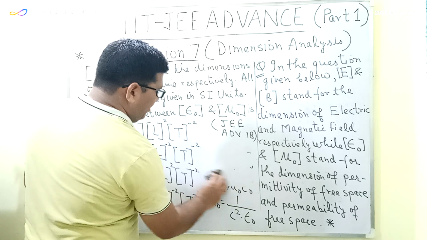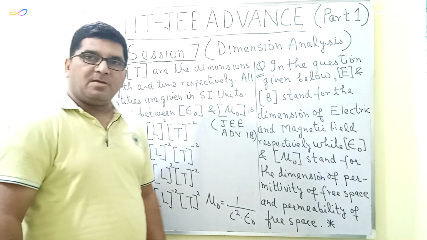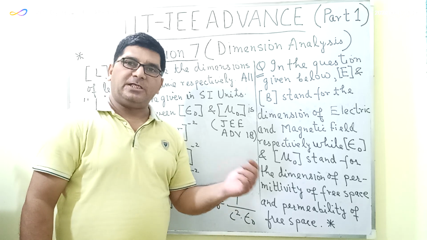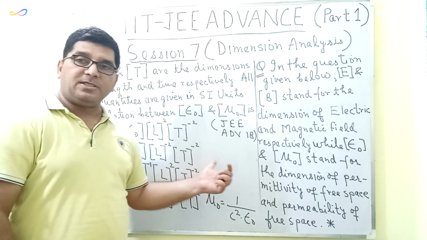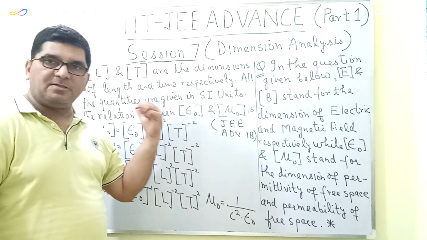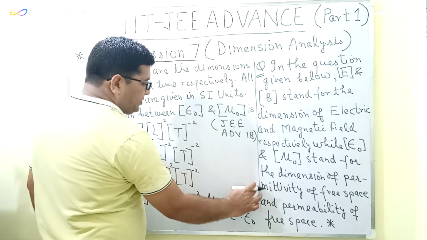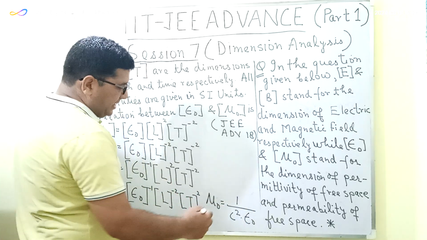Now, as per the principle of homogeneity, the dimensions of an equation are considered to be true and homogeneous only when the dimensions of all the terms on the left hand side of the equation are equal to the dimensions of all the terms on the right hand side of the equation.